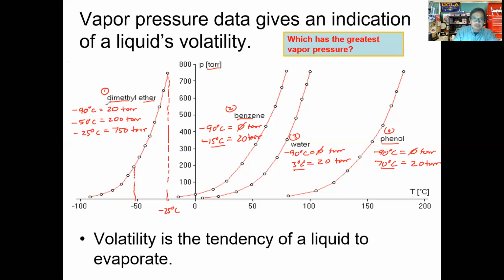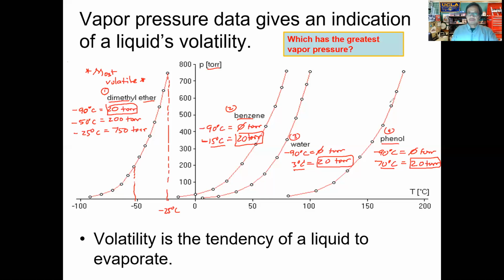So if we compare the temperature at which this pressure is obtained, they exert the same pressure here, but dimethyl ether exerts that pressure at a lower temperature, at a lower heat energy rate, which means then at any temperature, and we can pick any temperature below 25 degrees Celsius, dimethyl ether exerts the highest vapor pressure, and so therefore dimethyl ether is the most volatile of the four liquids. Which one do you think would be the least volatile?